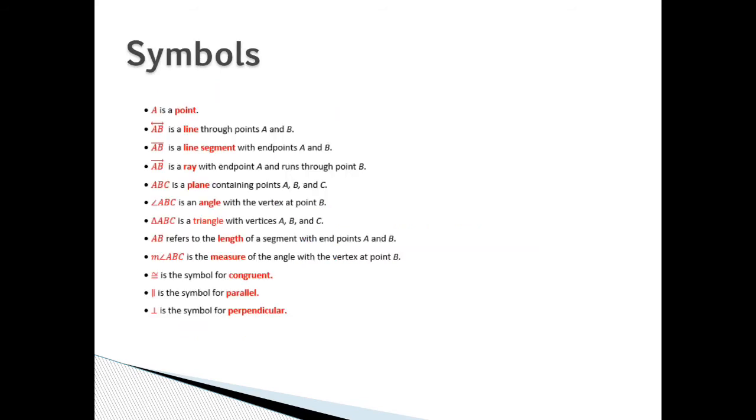Symbols. A is a point. AB with a double arrow is a line through points A and B. AB is a line segment with endpoints A and B. AB with an arrow is a ray with an endpoint A that runs through point B. ABC is a plane containing points A, B, and C. Angle ABC is an angle with the vertex at point B. Triangle ABC is a triangle with the vertices A, B, and C. AB refers to the length of a segment with endpoints A and B. The measure of angle ABC is the measurement of the angle with the vertex at point B. The three-lined symbol is the symbol for congruent.